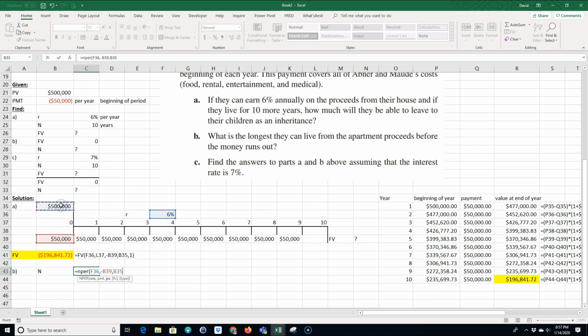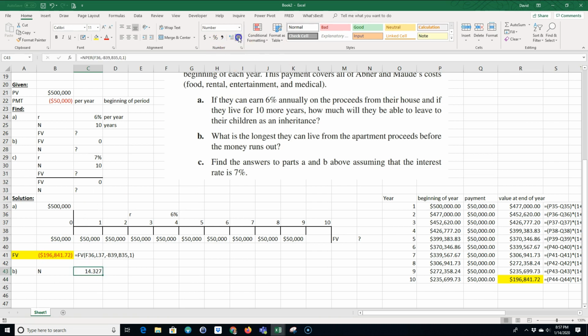Present value is 500,000. The future value in this case is 0 because you want to run out of money. And the type is still beginning of period. So it'll take 14.32 years. That's a little bit too exact, maybe we'll say 14.33. 14.33 would be a third of a year, so about 14 years, 4 months. So that's the answer to that.